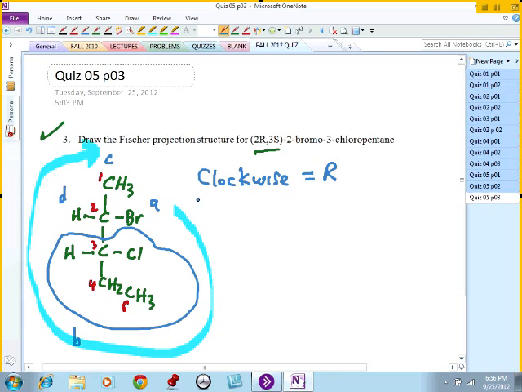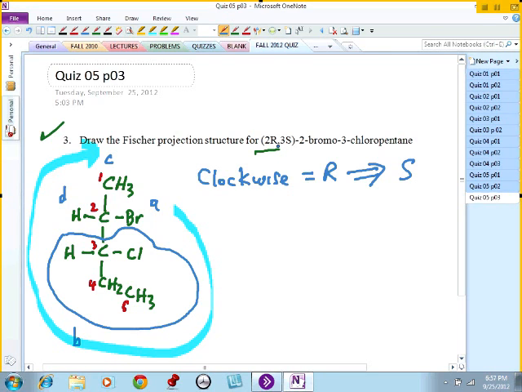The group of lowest priority, D, where is it going? It's coming at you. Exactly. Because at this point we are violating the rule. So because the group of lowest priority, D, is coming at you in this Fisher projection, the real absolute configuration will be the opposite of what you get. And therefore it will be S.